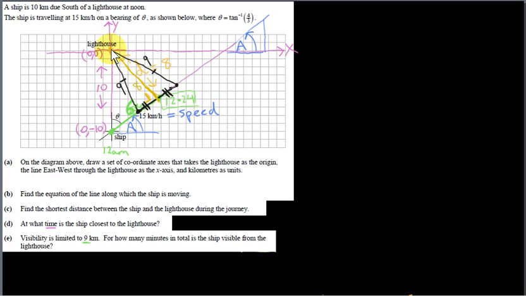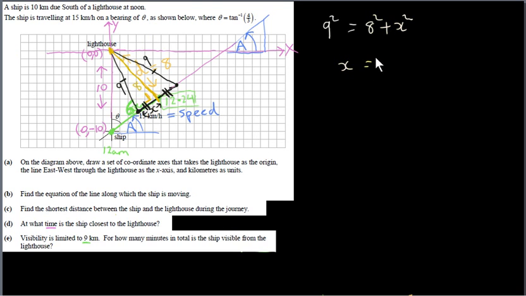If we look at this right angle triangle, just this one here, we can use Pythagoras to find out what this distance here is. So we see that 9 squared, 9 is the hypotenuse, will equal 8 squared plus this distance here, I'll call it x, plus x squared.